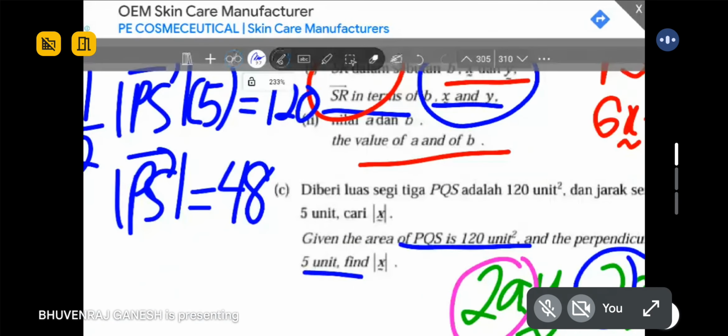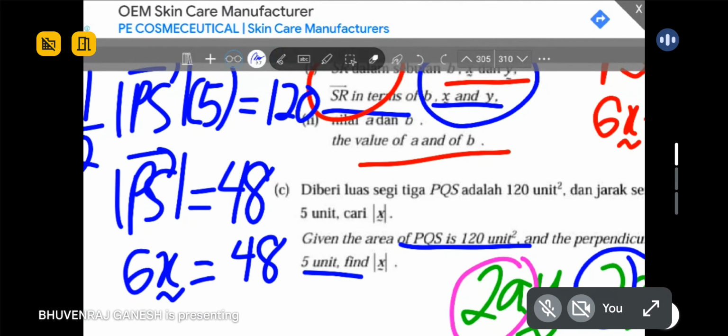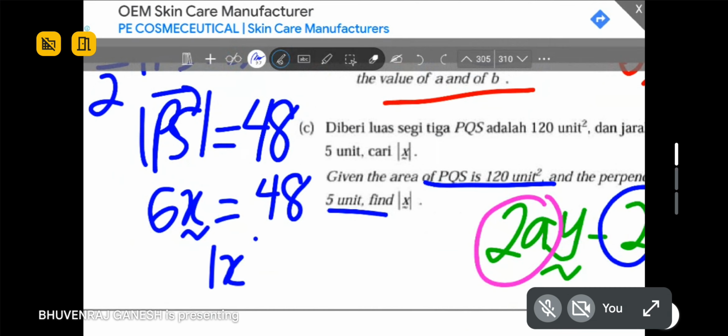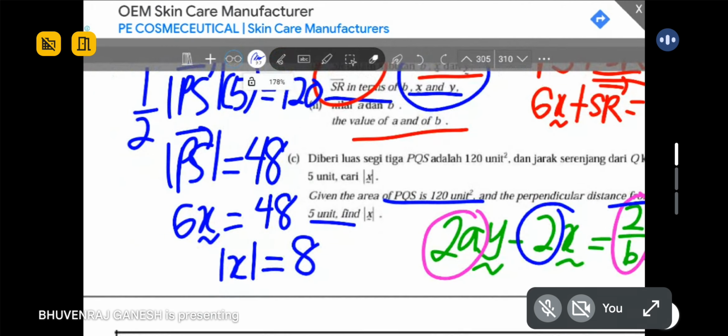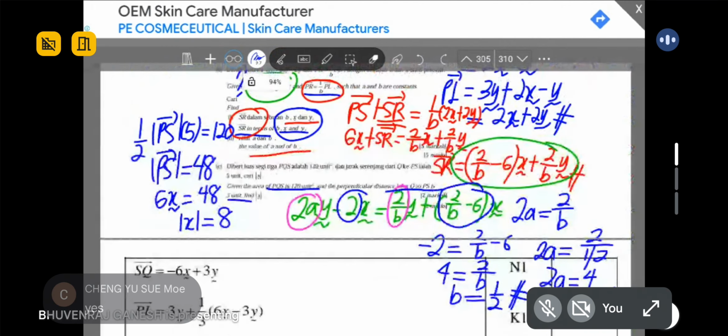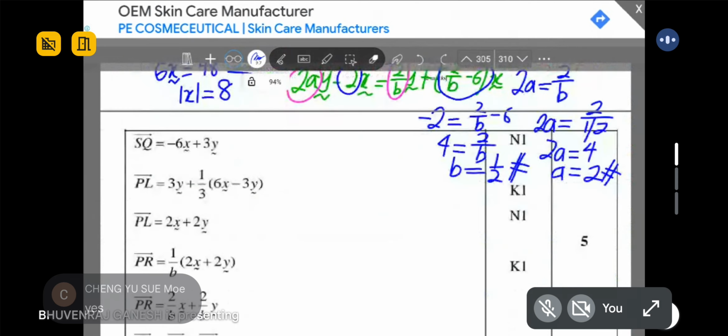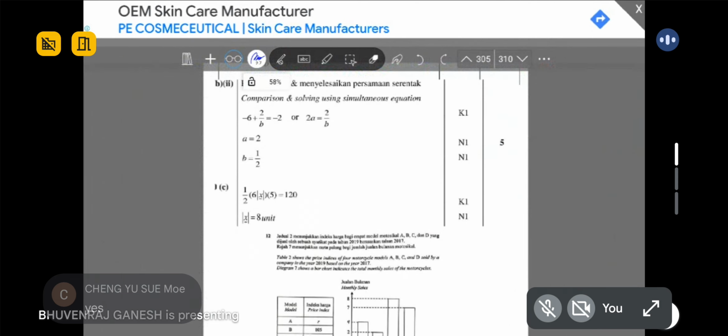PS is 6x. So magnitude of 6x. Sorry, they ask you to find the magnitude of x. So 6x equal to 48. So magnitude of x equal to 8. Okay? Understand? Boleh faham, guys? The concept? Can see it? That's all. That is for question C. Understand, guys? Section B. Are you clear?